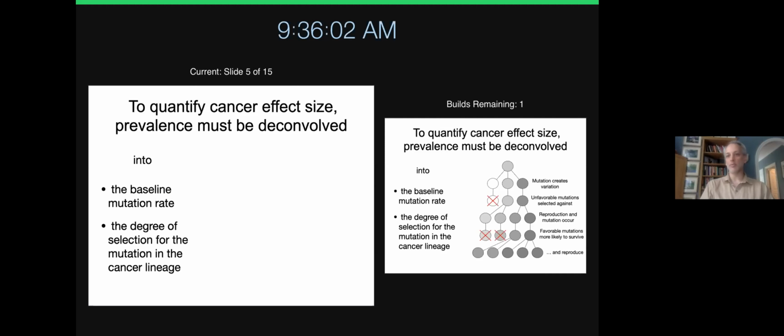That gives you an idea of why it's really important to incorporate an understanding of that mutation rate into any estimate of how important a gene is to causing cancer. Because it's the difference between a 1 in 100 and almost 100% of individuals having a mutation, and that's just about the mutation rate. It has nothing to do with how important it is to cancer.